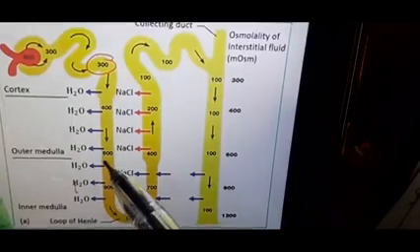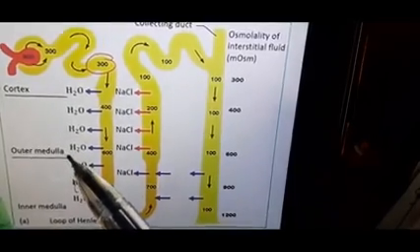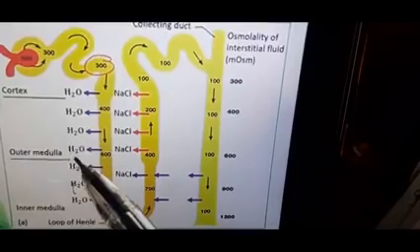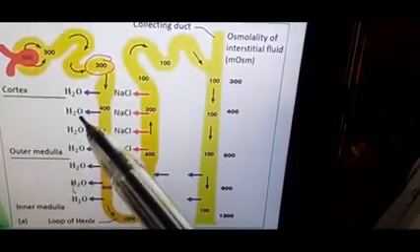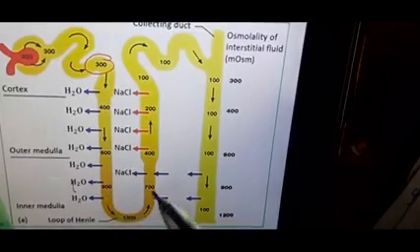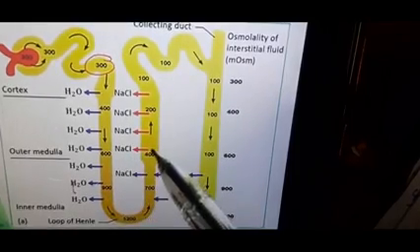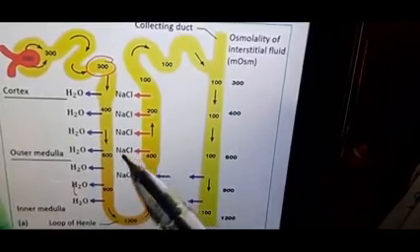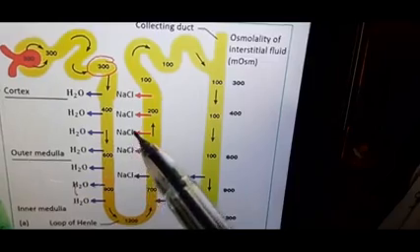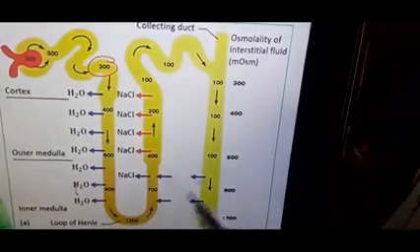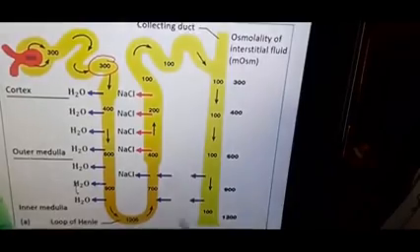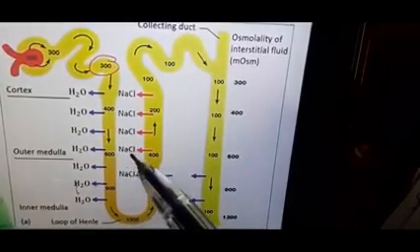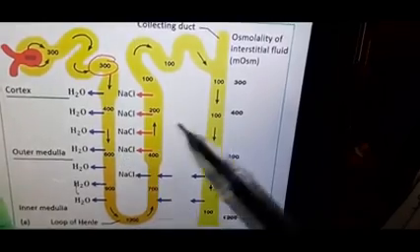So water from here is being given to blood capillaries to maintain the volume of the blood, and the salt is given from the ascending limb into the interstitial fluid.